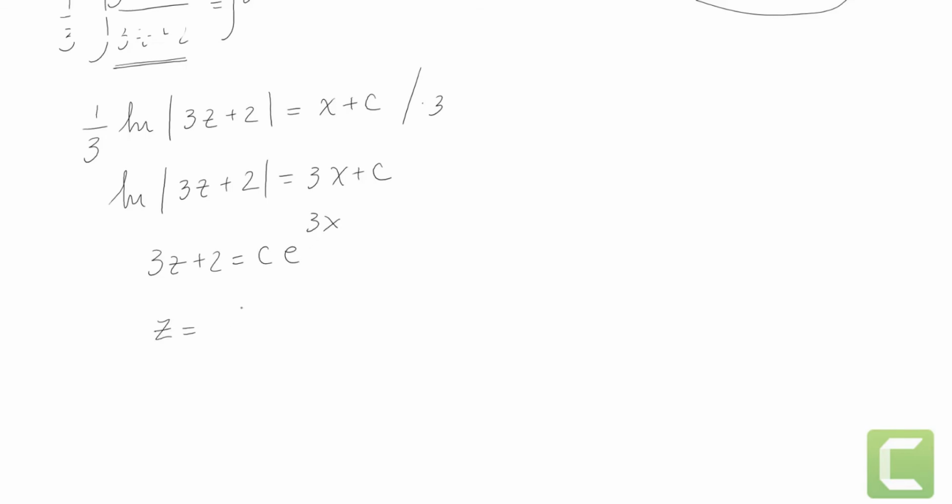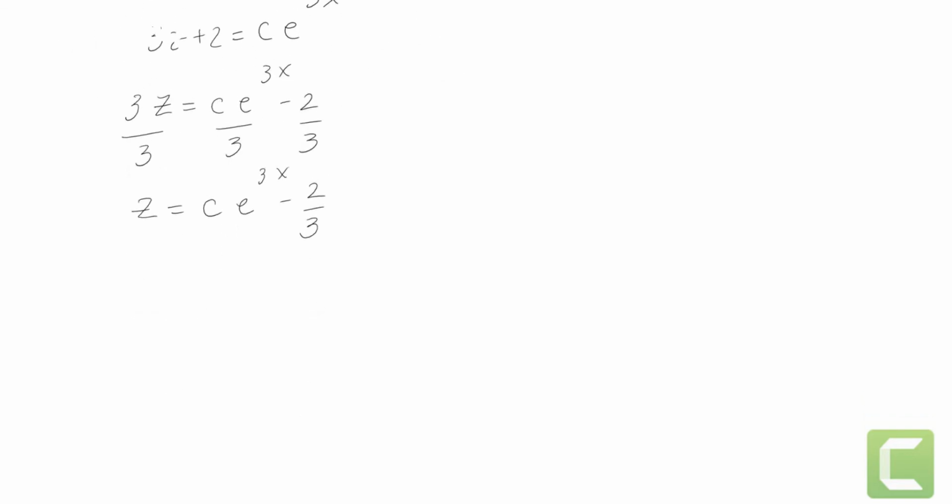And we solve for z, so we get 3z equals c e to 3x minus 2, divide by 3, and z equals a constant, again, 3 is absorbed, minus 2/3. And let's not forget, z was 2x plus 3y, so replace: 2x plus 3y equals c e to 3x minus 2/3.